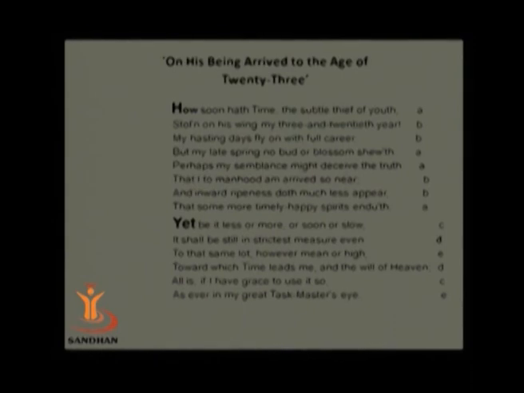So, truth, endueth. The two lines in between, the sixth and the seventh line, end with near and appear. So near and appear are similar or rhyming words, and that is why both of them have the same alphabet assigned to them, that is B, B.